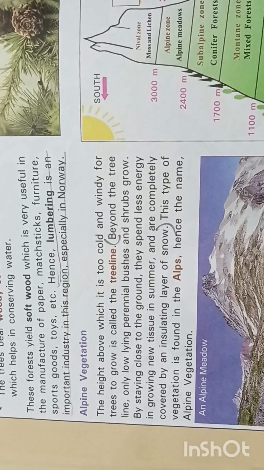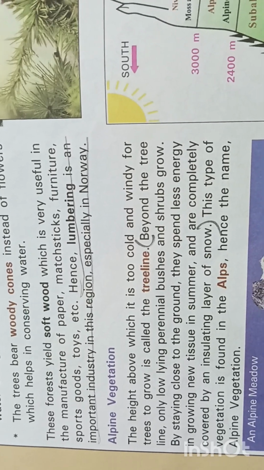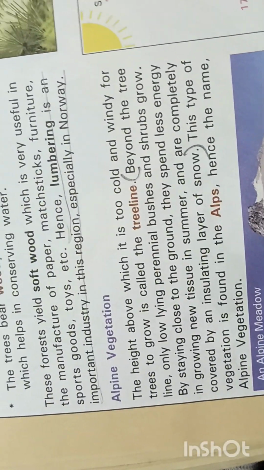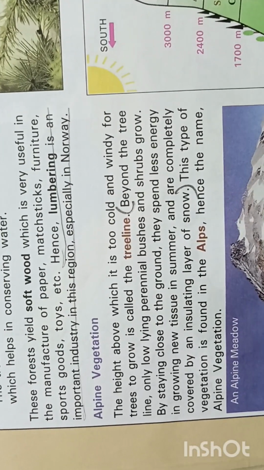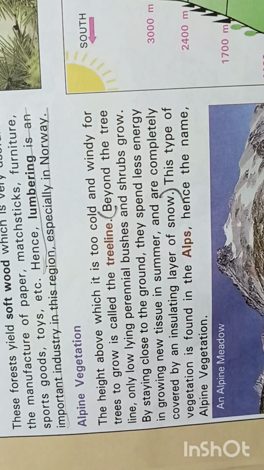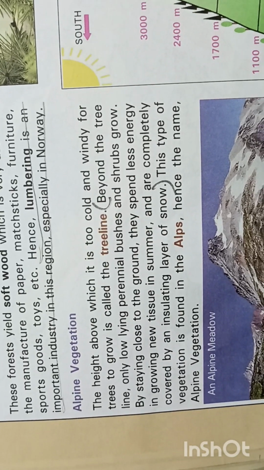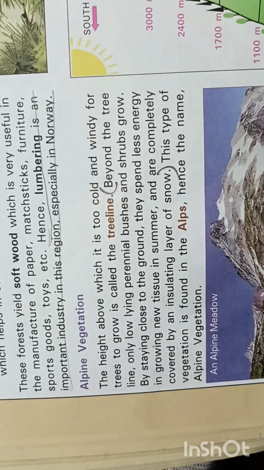Close to the ground, they spend less energy in growing new tissue in summer, and they are completely covered by an insulating layer of snow. This type of vegetation is found in the Alps, hence the name alpine vegetation.